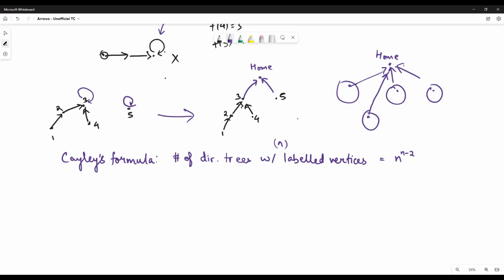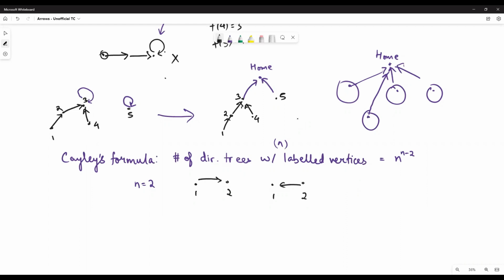We can see this if n is 2, there are two vertices, 1 and 2, and we have two options, either go from 1 to 2 or we go from 2 to 1, which is equal to 2 to the... might have gone wrong here.